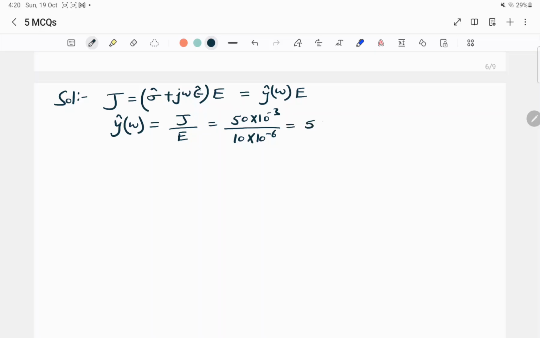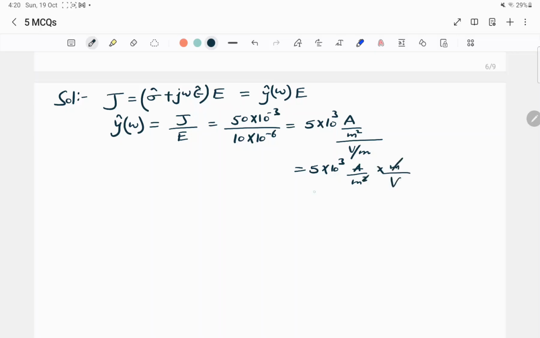So it becomes 5 into 10 to the power 3. The units of J is ampere per meter square, and the units of E is volts per meter. So this becomes 5 into 10 to the power 3 ampere per meter square into meter per volt.